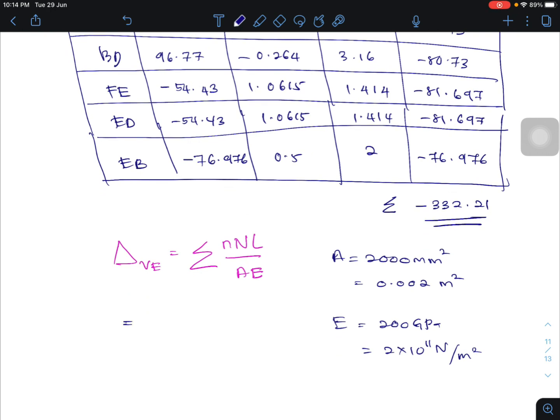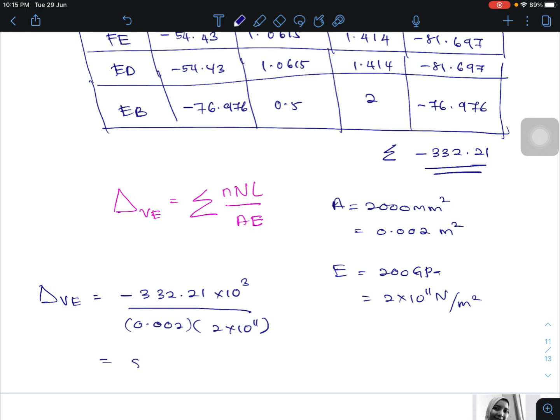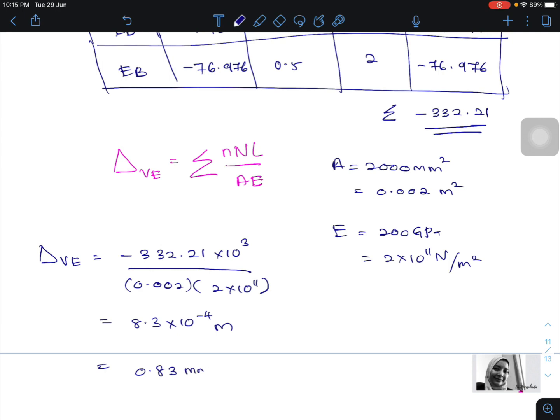So delta VE equals negative 332.21 times 10 power of 3, because of the kilonewton, over the area 0.002 square meter times the Young modulus 2 times 10 power of 11, equal to 8.3 times 10 power of minus 4 meter, so 0.83 millimeter.